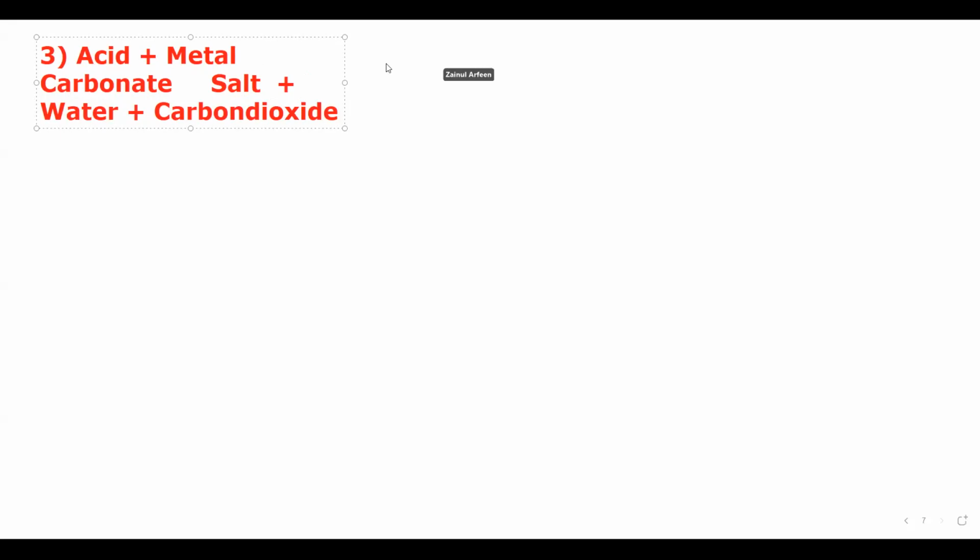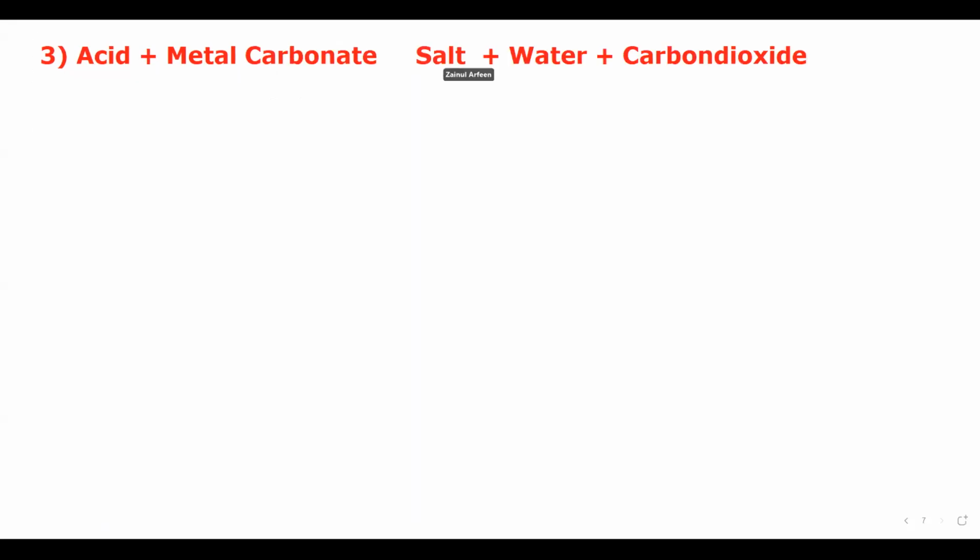When you check the states, all the acids are aqueous, like the solution; metal carbonate is solid, the salt will be aqueous, dissolved, the water will be liquid, and carbon dioxide will be gas. These are known as the state symbols, which show what changes occur.